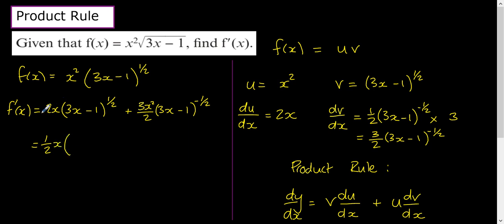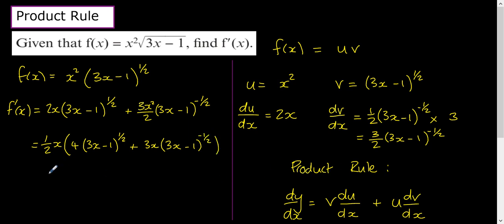I can take half x out of here, I can take half x out of here. So what do I multiply half x by to get 2x? I multiply it by 4. I've still got my (3x minus 1) to the half. If I take half x out of here, I end up with 3x, because 3x times a half x is 3 over 2 x squared. And that's multiplied by (3x minus 1) to the minus a half.